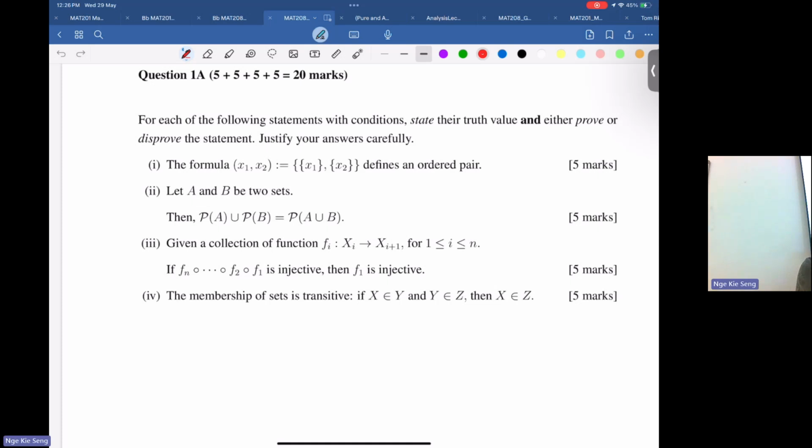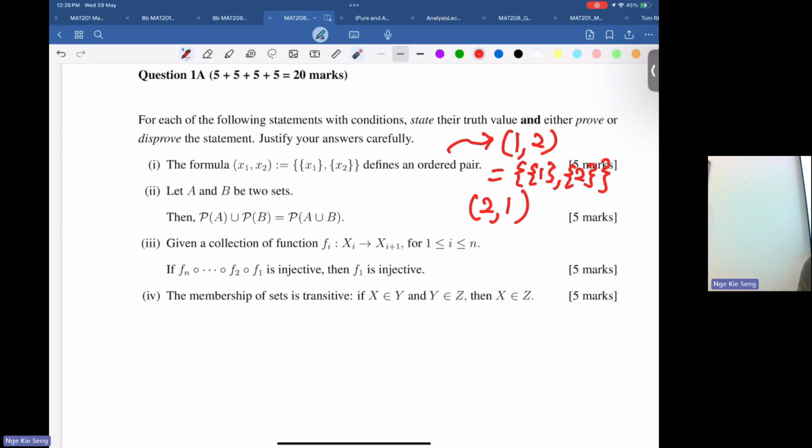No, I mean, you see, I use this definition. I put (1, 2) and I put (2, 1). So what are (1, 2) and (2, 1) here? Not x1, x2. A set containing 1 and a set containing 2.